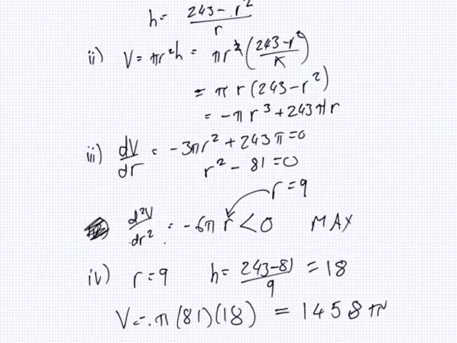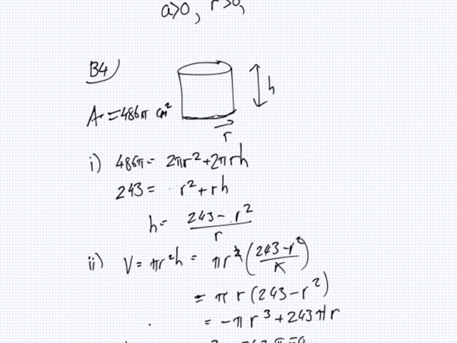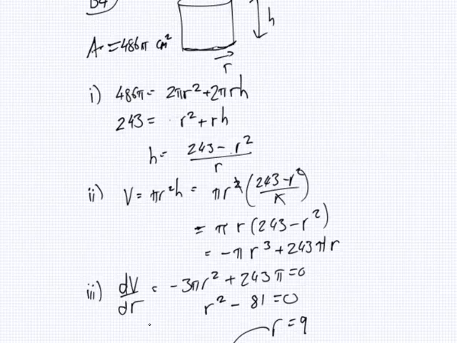What else do we need to see here in this one? What's B5? Is it trigonometry? Okay, B5. What's the first part, please?